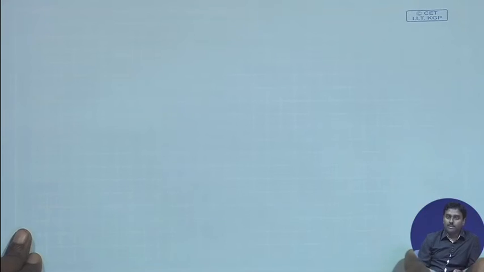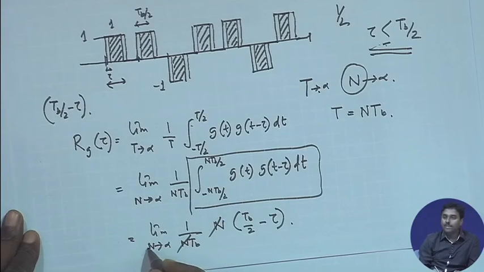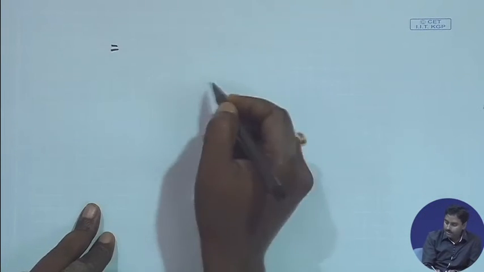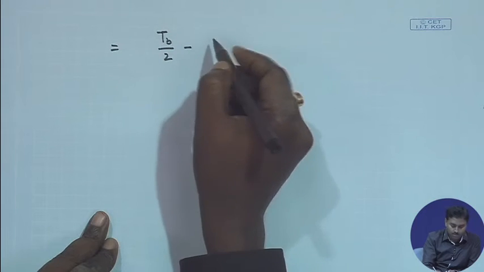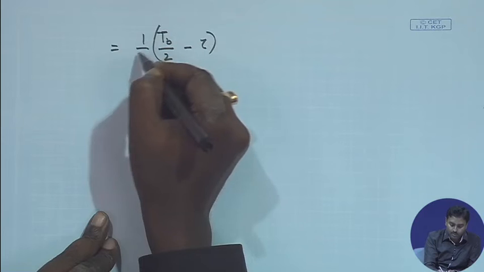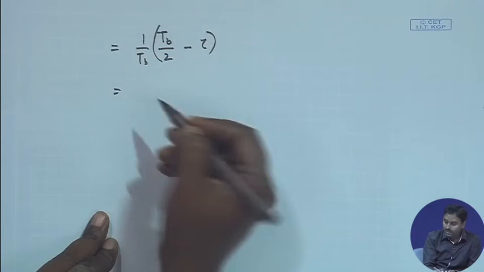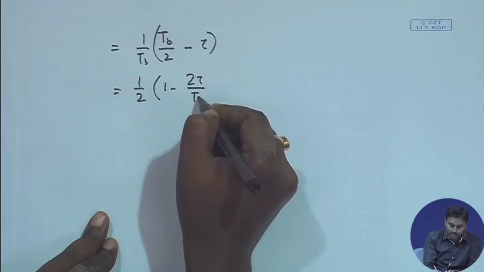Now the n gets cancelled, so my limit is no longer required, because nothing else is putting a limit on n. Therefore, I get this equal to 1 by Tb times Tb by 2 minus tau, or rearranged, half into 1 minus 2 tau by Tb.